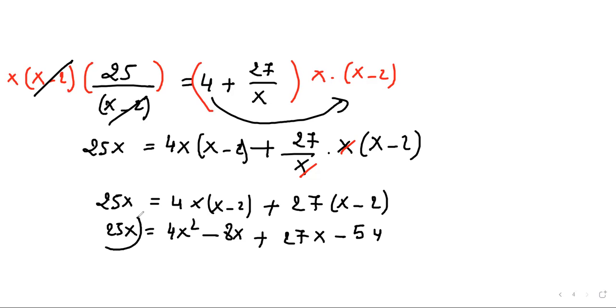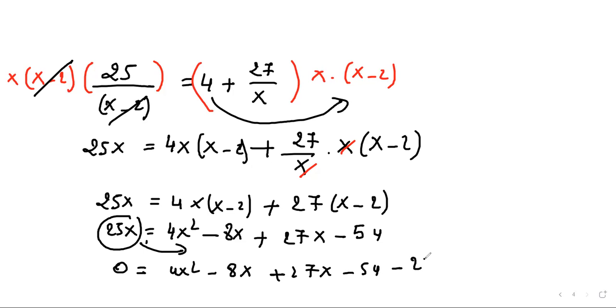Either I will take this 25x to this side and say 0 is equal to all of that, and then switch the sides. So I can write like that: 0 is equal to 4x squared minus 8x plus 27x minus 54 minus 25x.